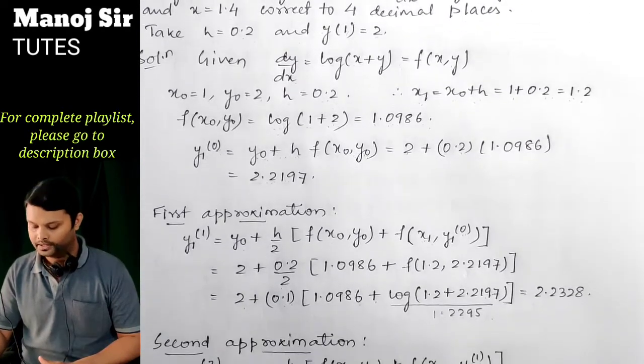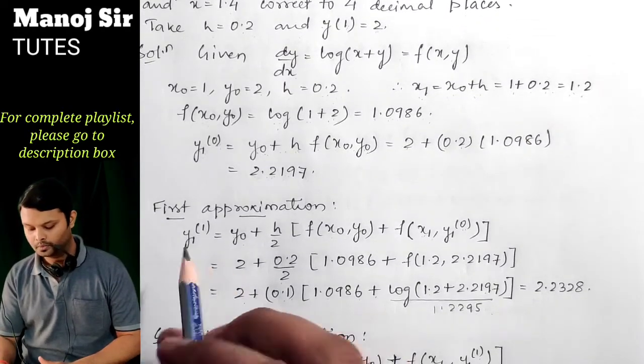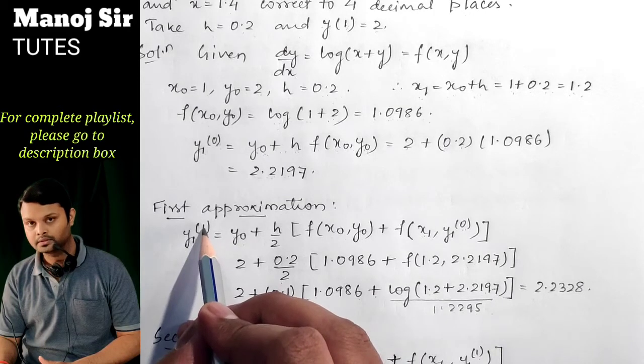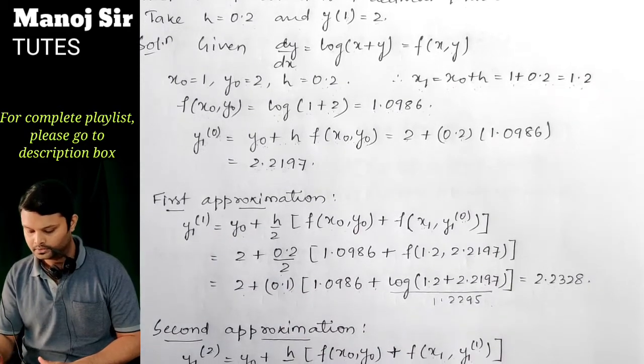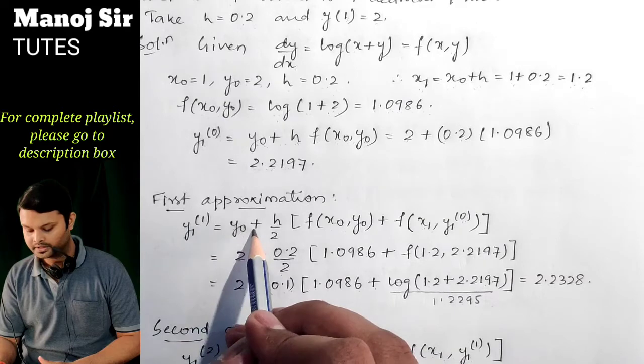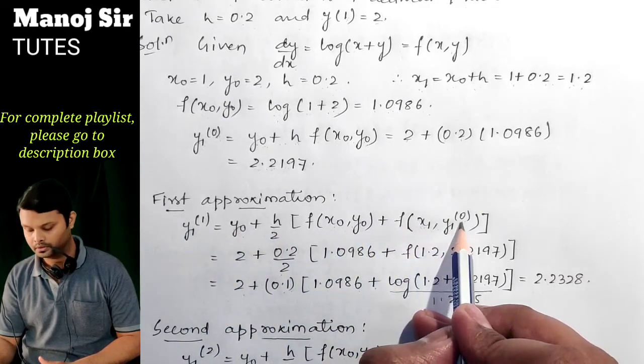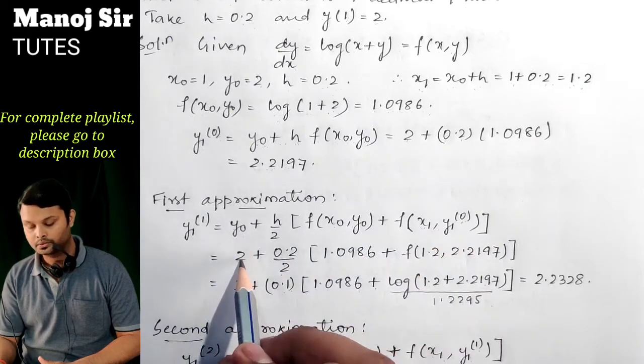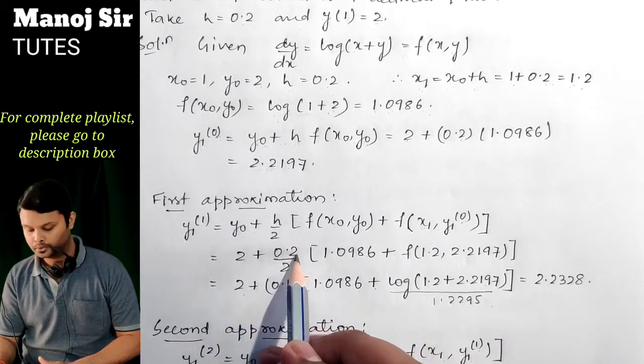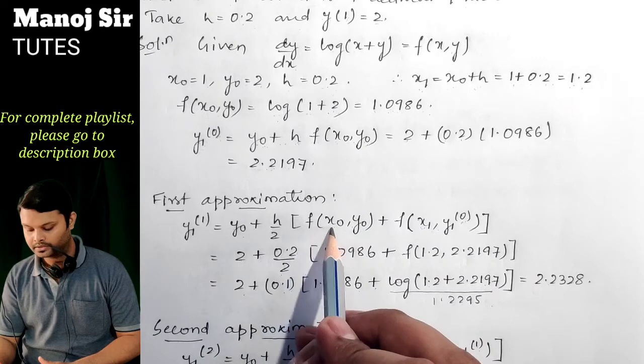Okay, and the formula is y11. This 1 stands for first approximation. So this equals to y naught plus h upon 2 f of x naught comma y naught plus f of x1 comma y1 naught. Y naught is 2 plus h, that is 0.2 upon 2. What is f of x naught comma y naught?